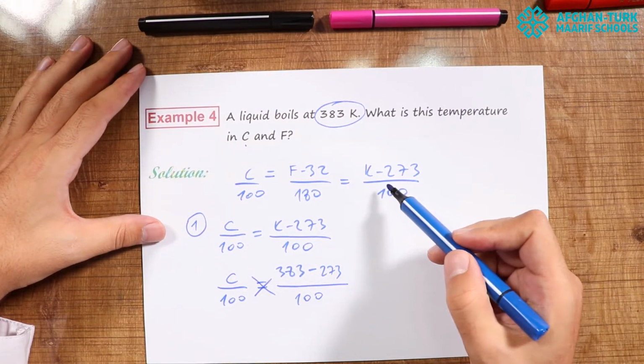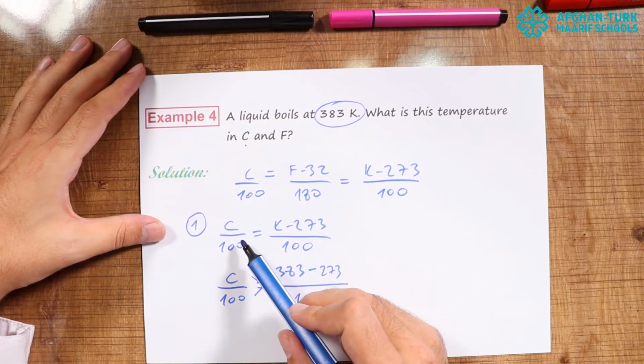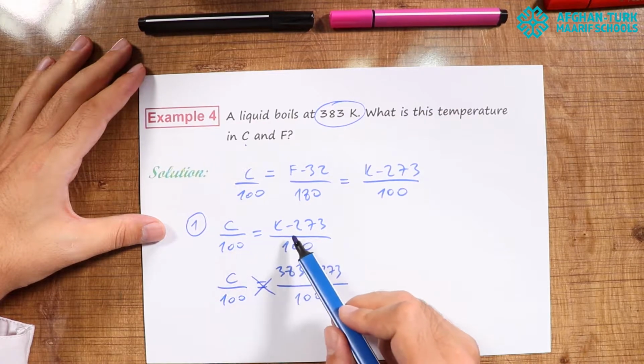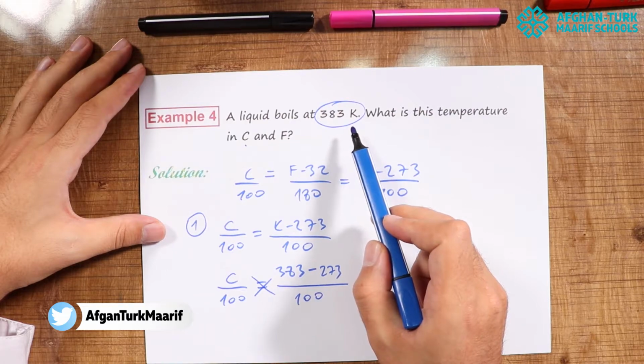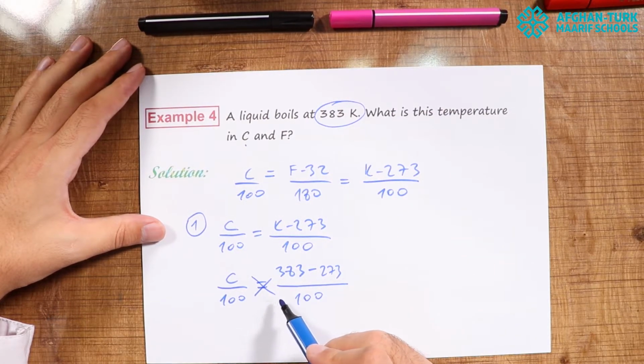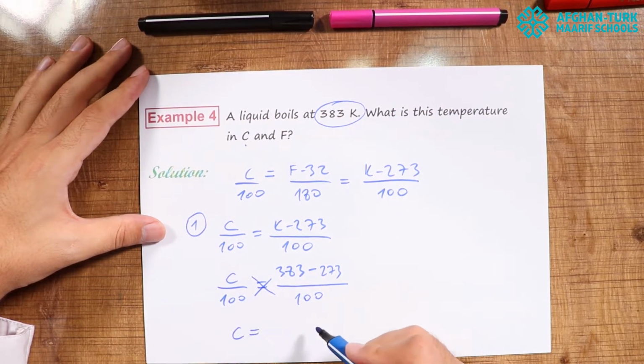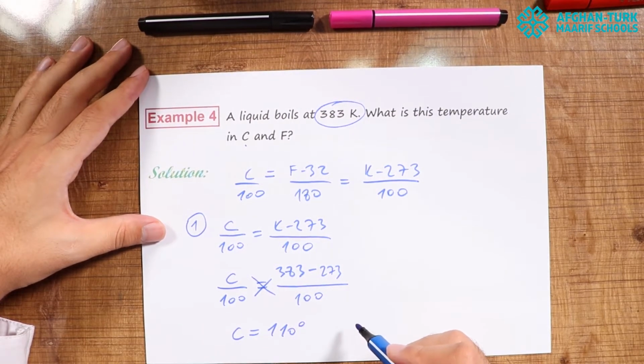I'm trying to find the Celsius, so the K was 383 Kelvin. From the cross multiply, I will find C as 110 degrees Celsius.